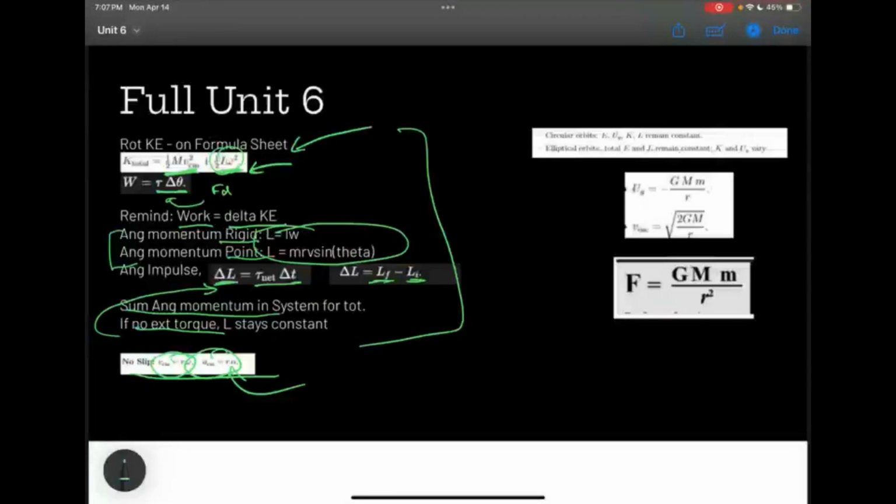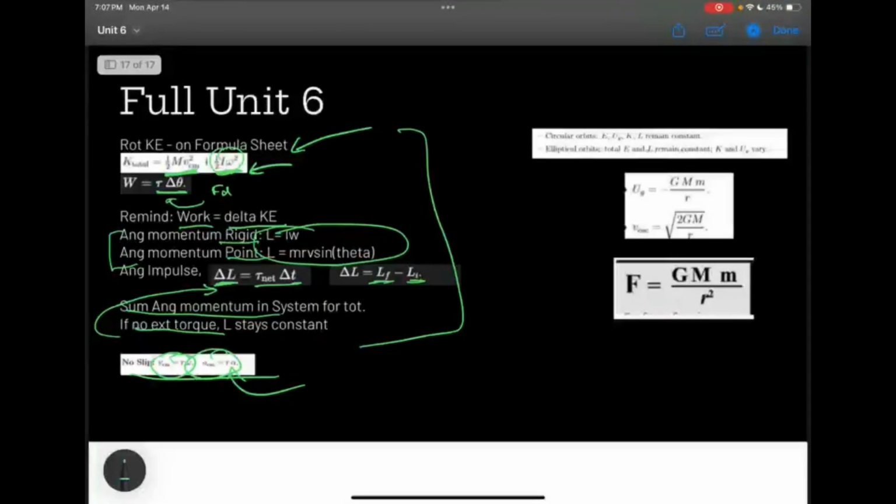And then as far as orbits go, know that in circular orbits, the energy, the gravitational potential energy, kinetic energy, and angular momentum will remain constant. That's just because it's moving at a constant speed, constant radius too. For elliptical orbits, the energy and angular momentum remain constant. That's just because there's no external work being done.